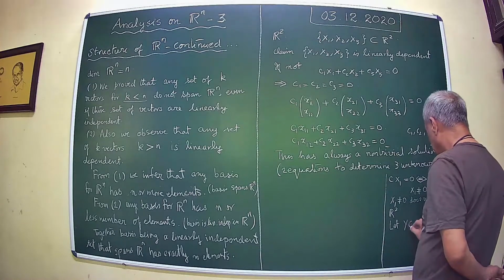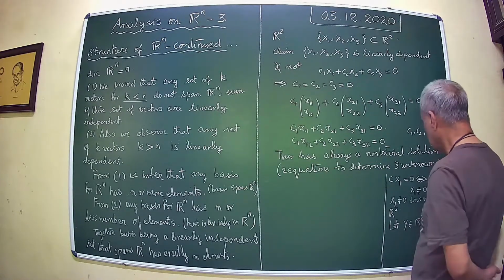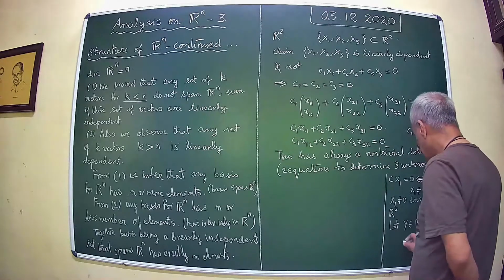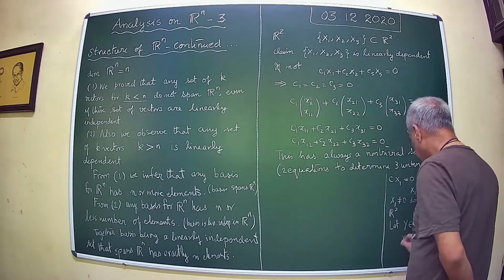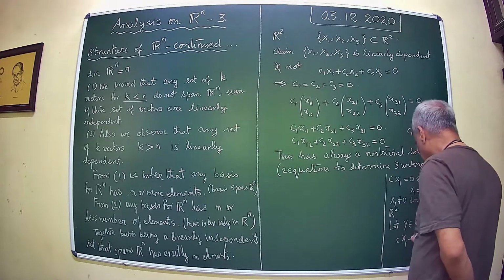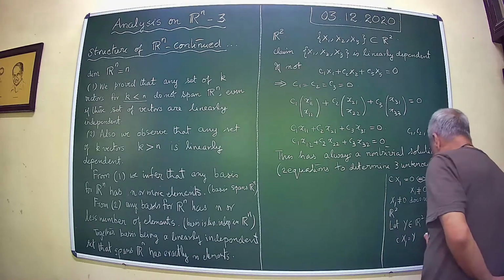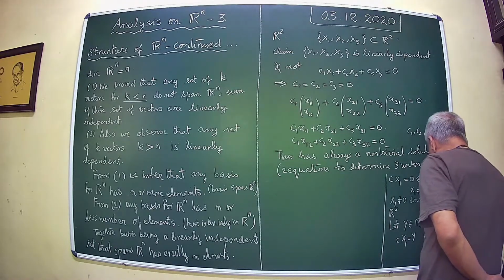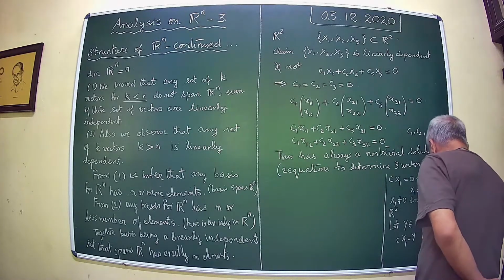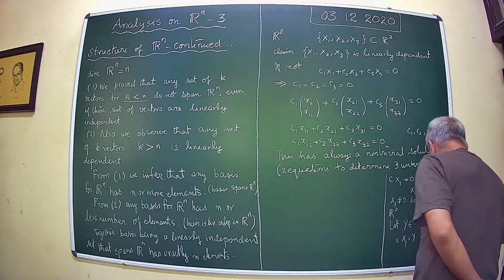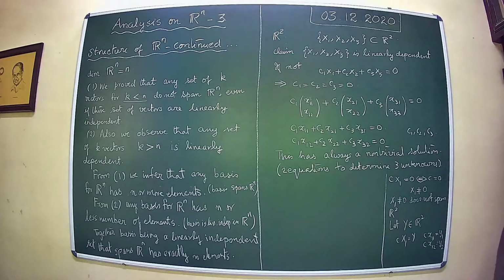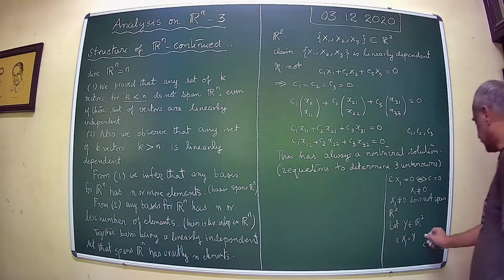Why? Because you let y belong to R2. Given x1, we want c x1 equal to y. So c x11 equal to y1, c x12 equal to y2, where y is arbitrary.